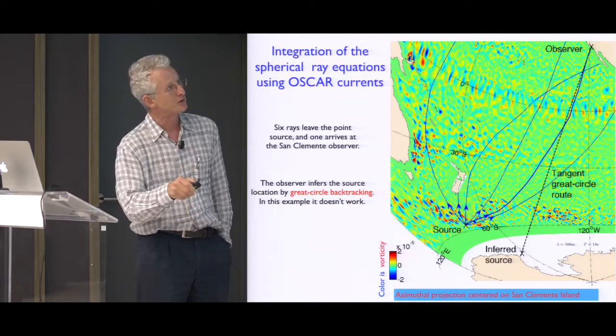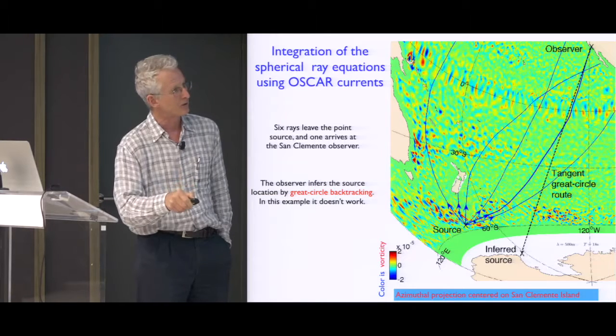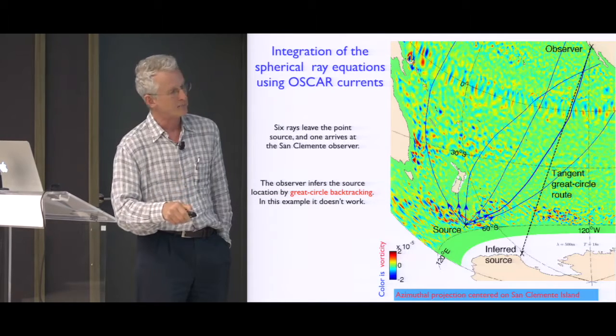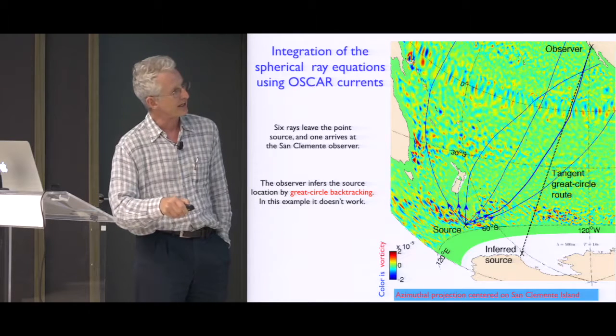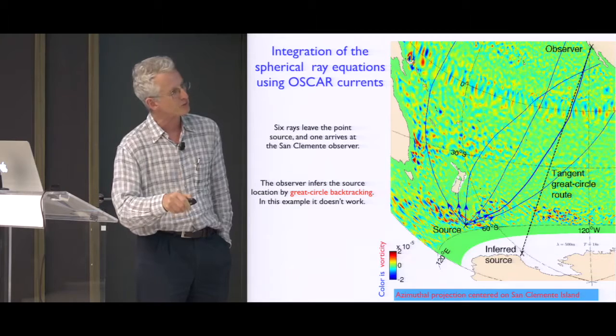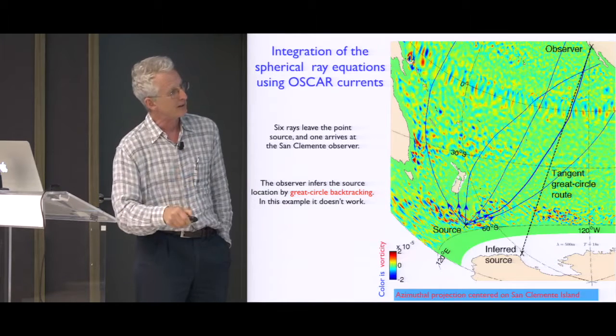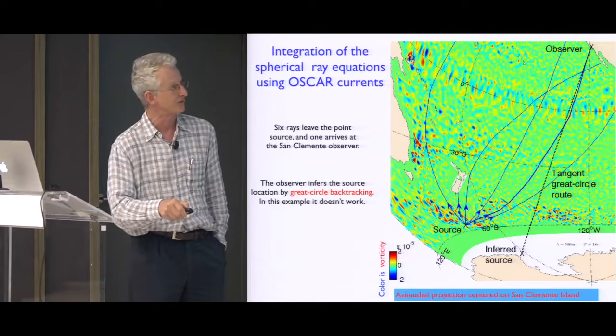It comes into the observatory, and then if you great circle backtrack, you draw the tangent to that path, and you go on a great circle, and you end up on the ice. Okay? So this is an illustration where the deflections produced by the surface currents produce a source which you would put on Antarctica, according to this figure.